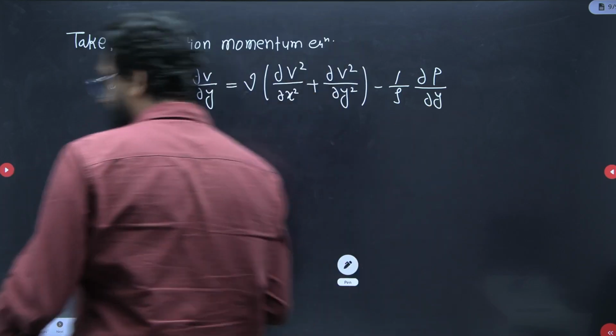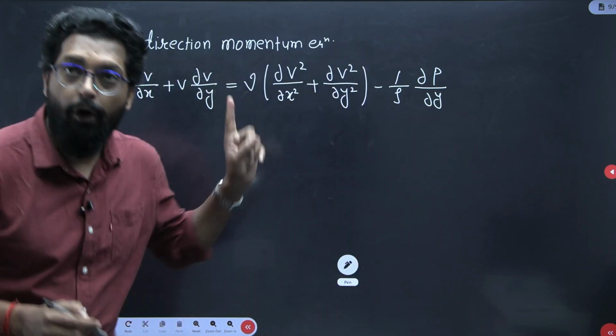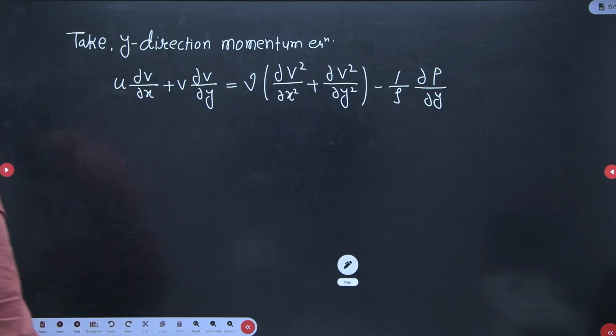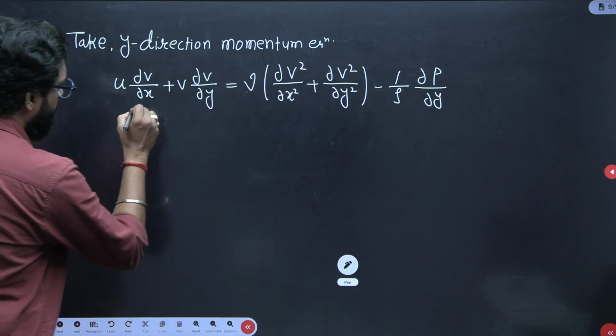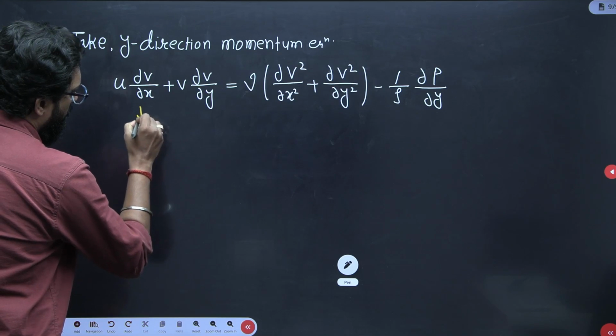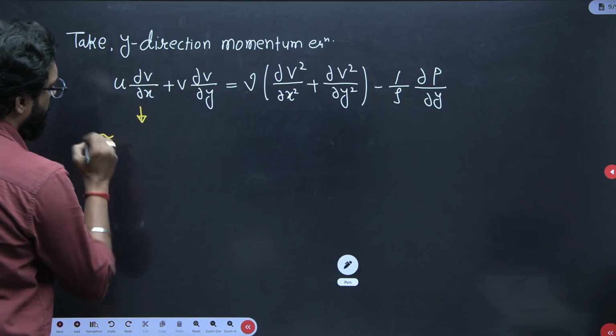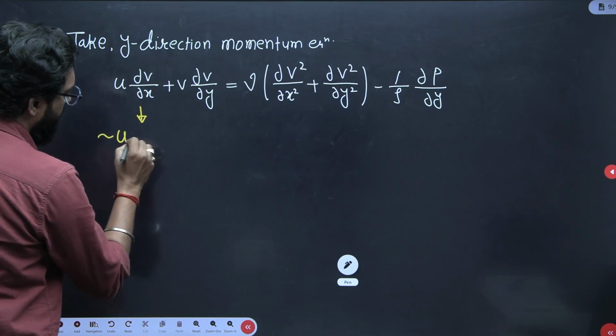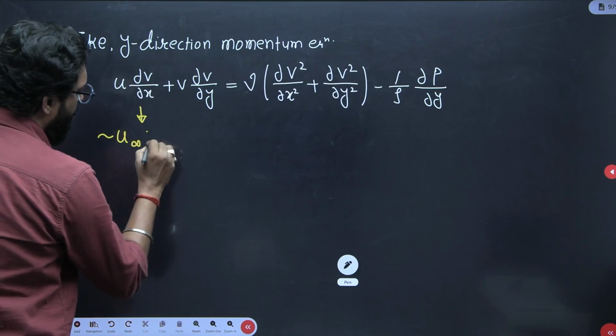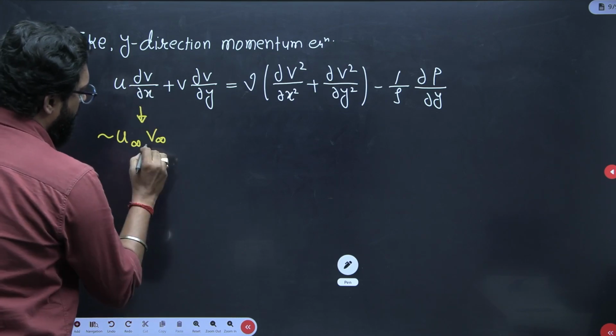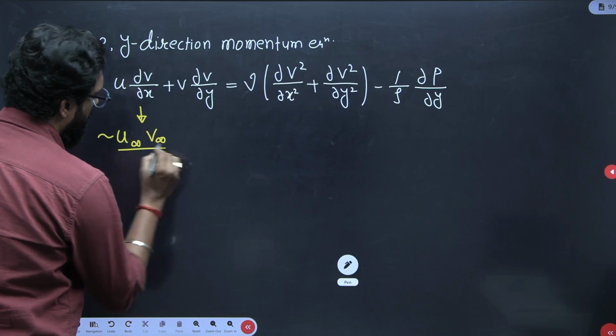Okay, now we have to scale it. We find the order of magnitude. What is the order of magnitude of this term? U is maximum u infinite, v is maximum v infinite, divided by x maximum. How much is x maximum?